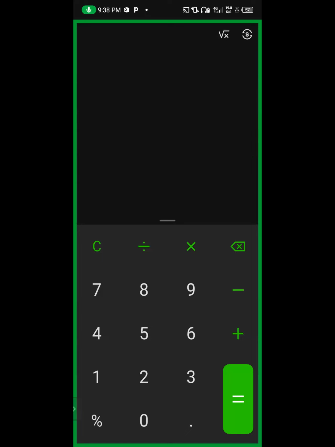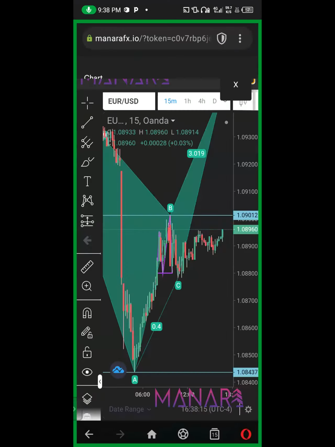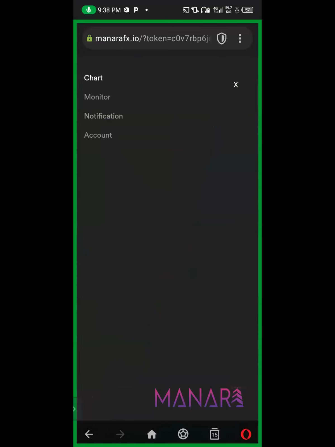So for those ones, you set at least TP1. I hope you understand what I'm saying. So where do you see this? Remember, on your notification, because whatever you set on notification is what comes to your Telegram.